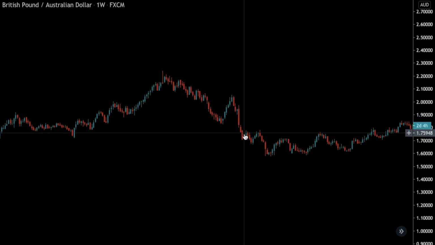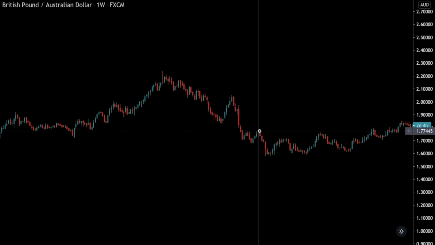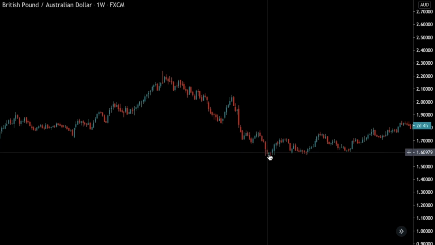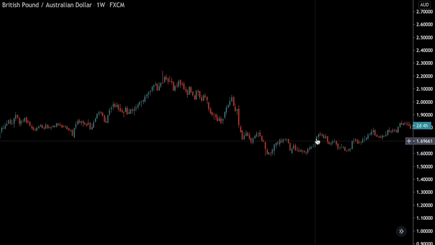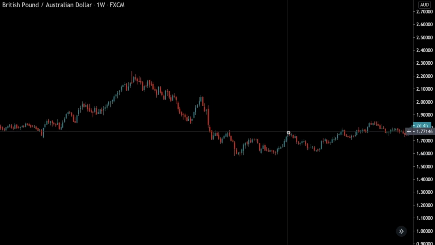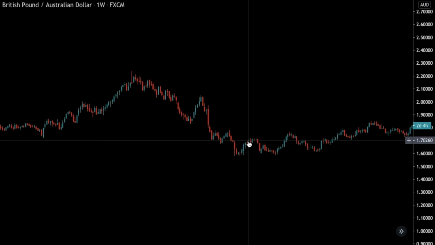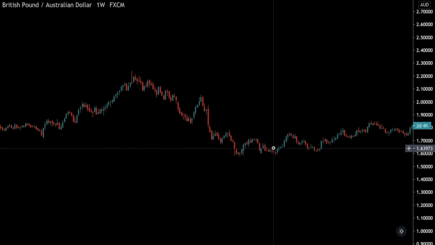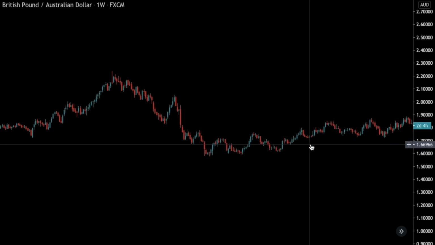Here it does that and it starts making lower highs and lower lows. Here again, it failed to make a lower high. This high is higher than this high, and so now another trend change.